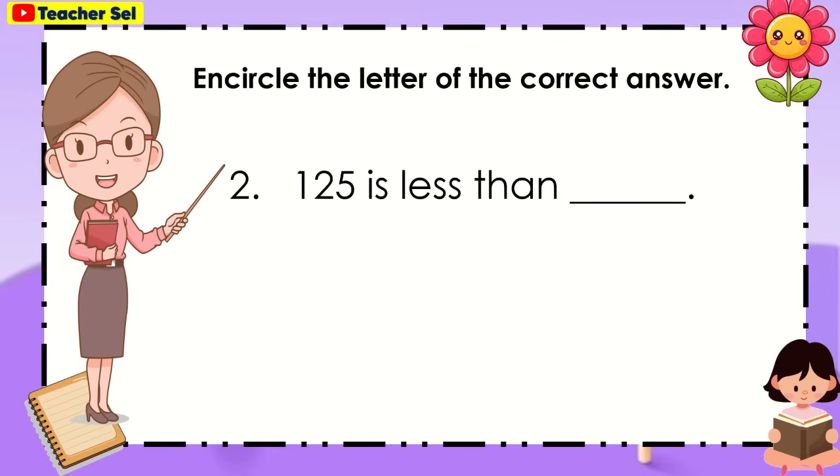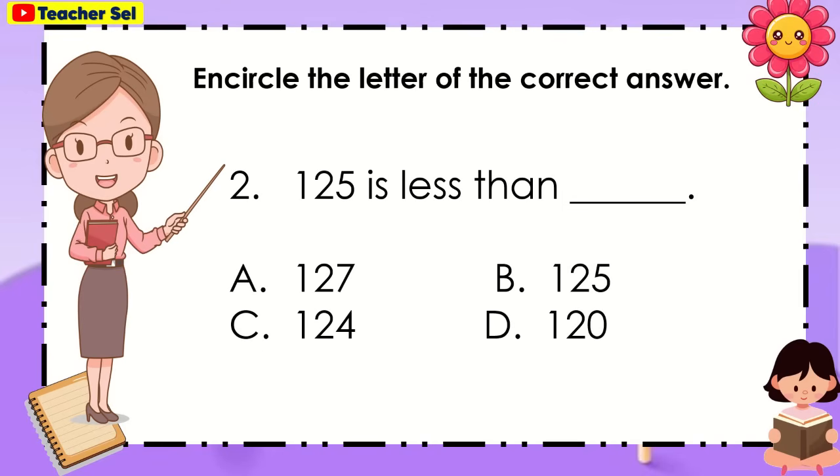For number 2, 125 is less than blank. A. 127, B. 125, C. 124, D. 120. You're right. The correct answer is letter A, 127.